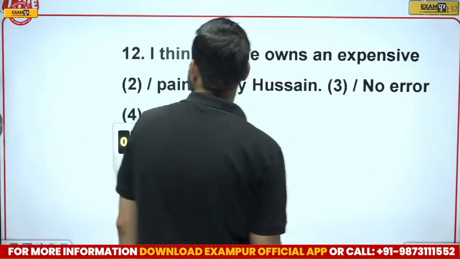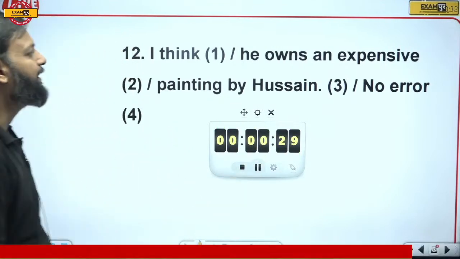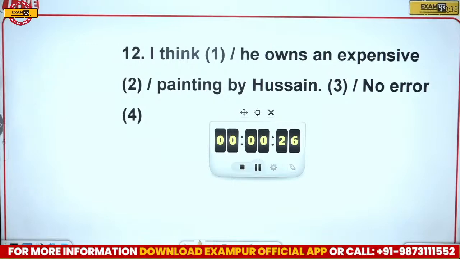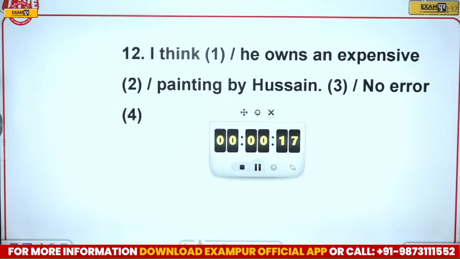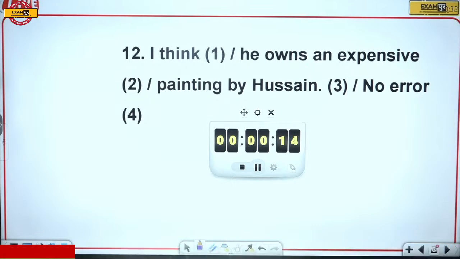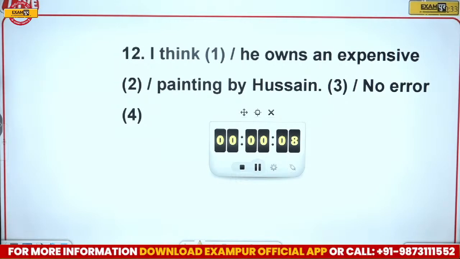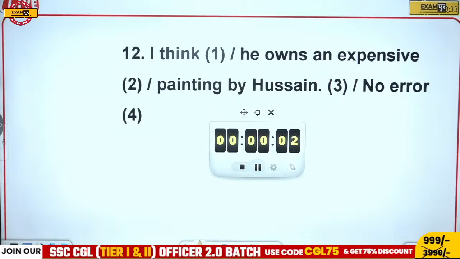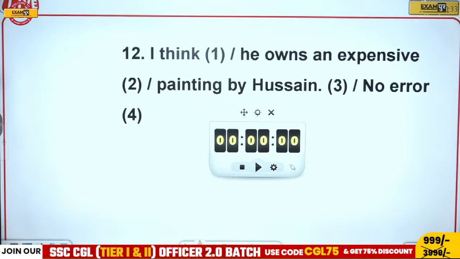Okay, the next one. I think he owns an expensive painting by Hussein. Try this question.